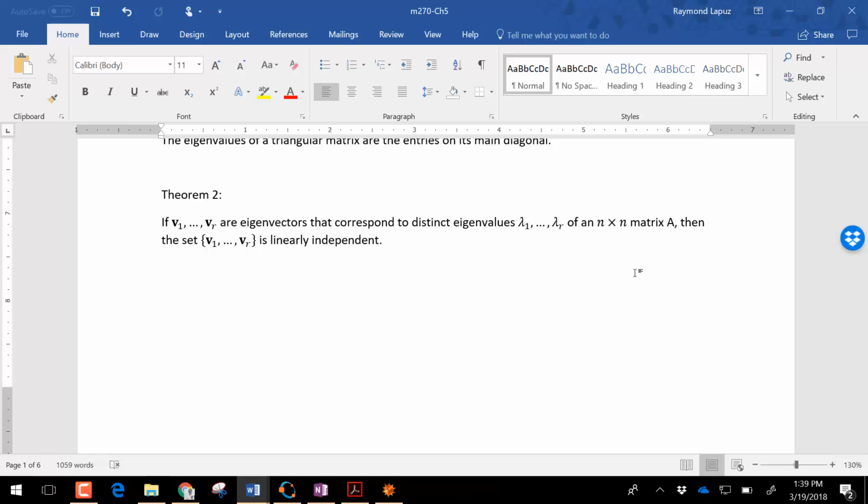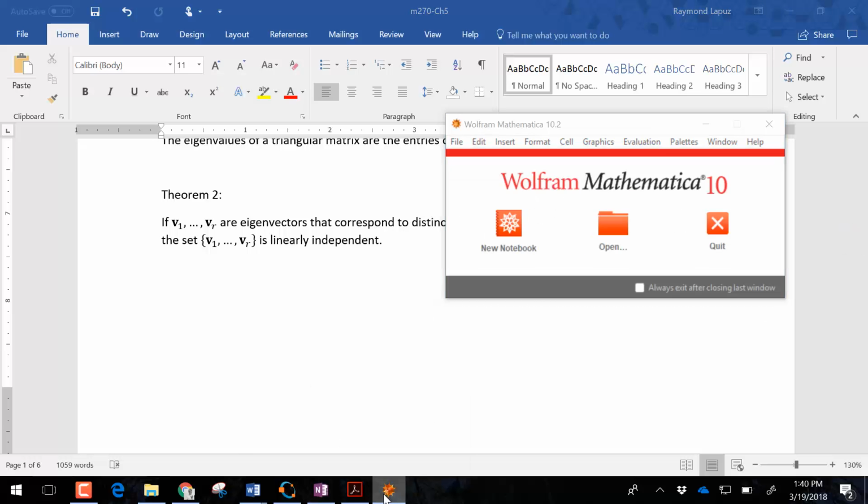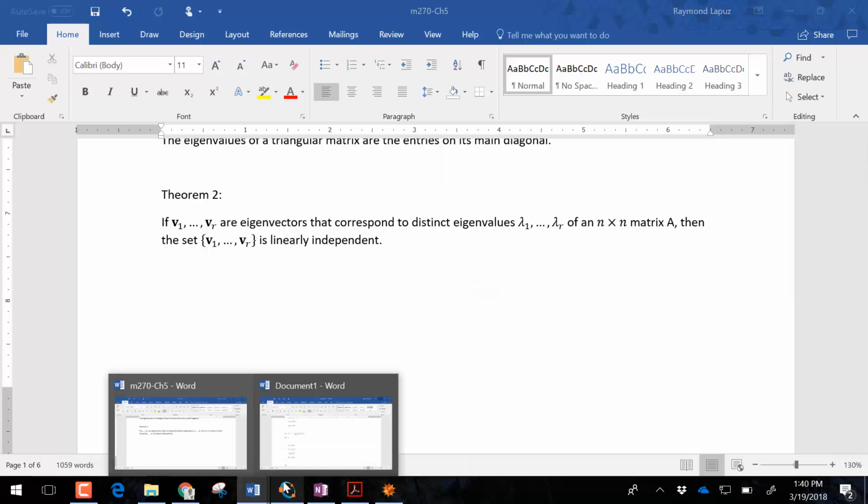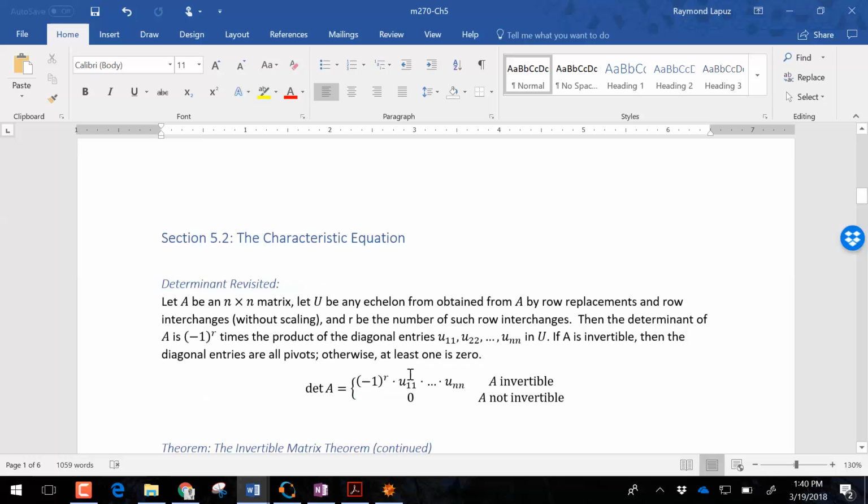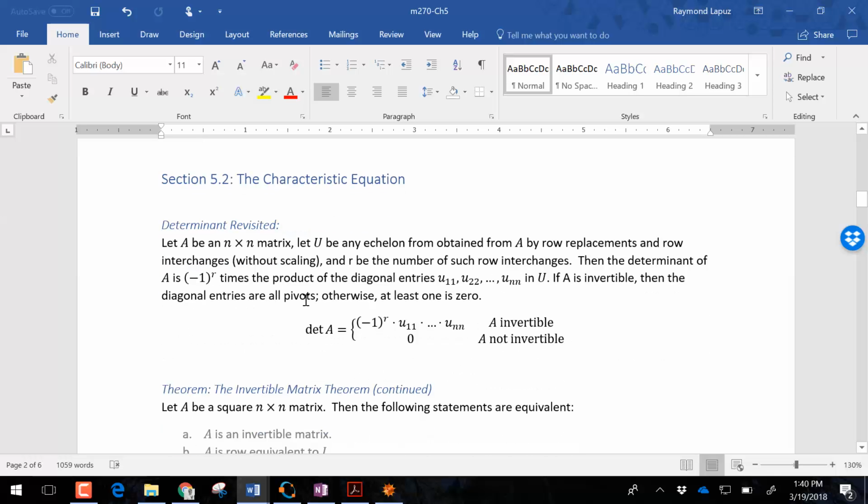I think we might touch on that a little bit if we have time. I think it's covered in this chapter also. All right, so let's find out more about eigenvalues and eigenvectors. Characteristic equation.